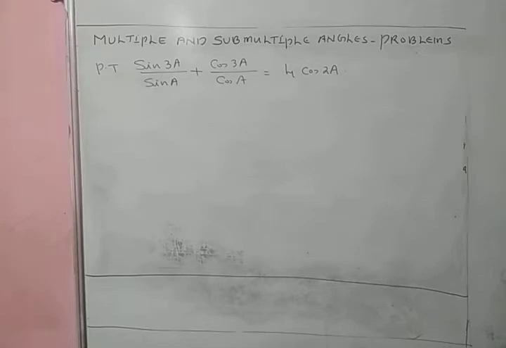Here the problem is sin 3a by sin a plus cos 3a by cos a is equal to 4 cos 2a. In the left hand side, there are sin 3a and cos 3a. We know the formula for sin 3a and cos 3a. Substitute the formulas in the left hand side and simplify.